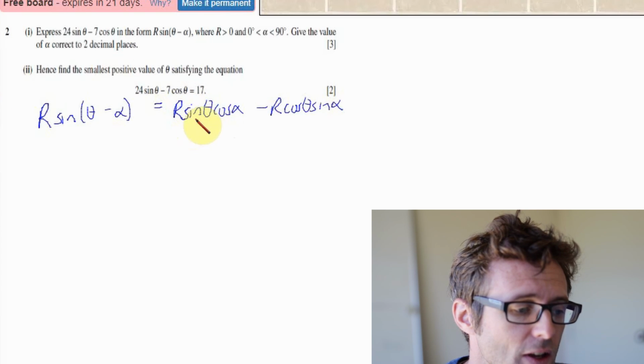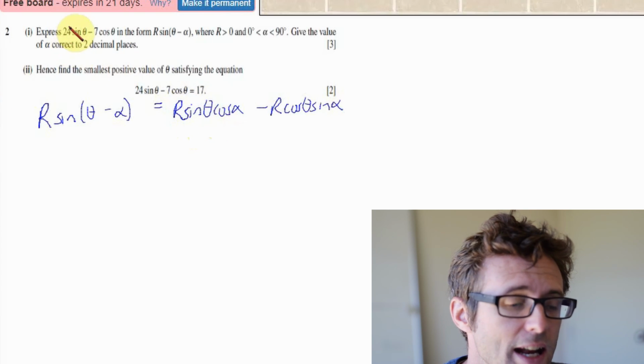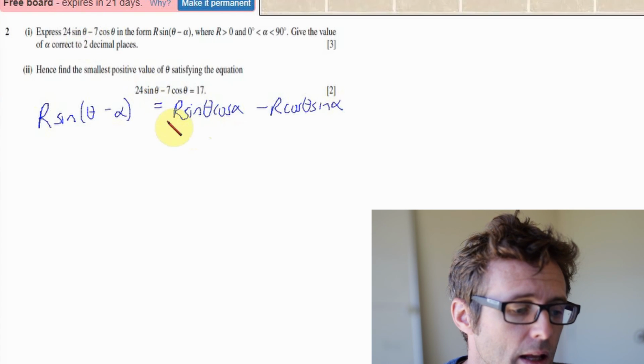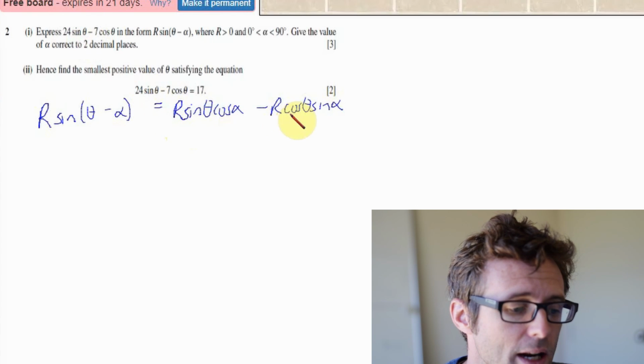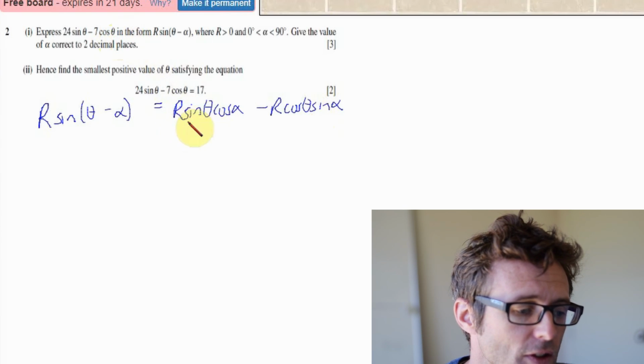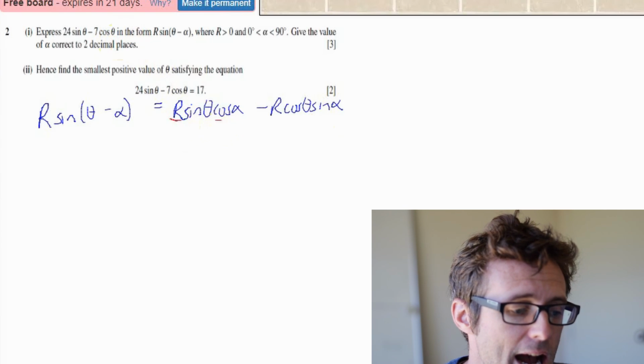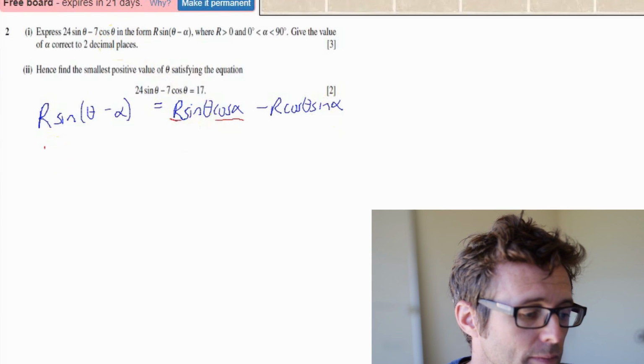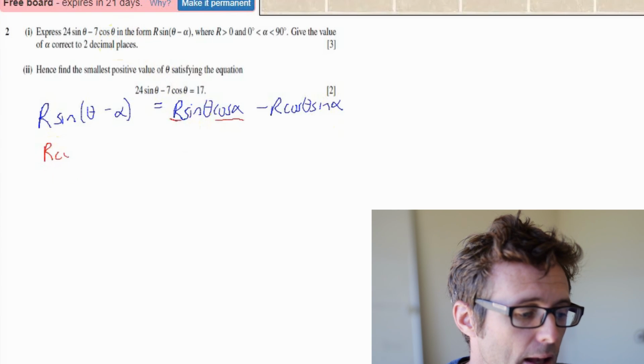You'll notice we've got a sine theta here and a sine theta in the question. And here we've got a cosine theta and a cosine theta in the question. The next step is to go, all right, what's this 24 business? Well, you've got the sine theta for the first term and it's 24 sine theta. So that means that r times cosine alpha must be 24.